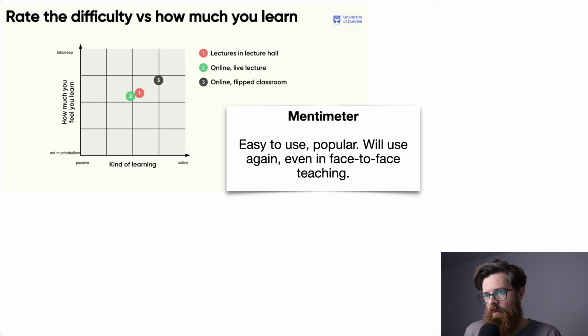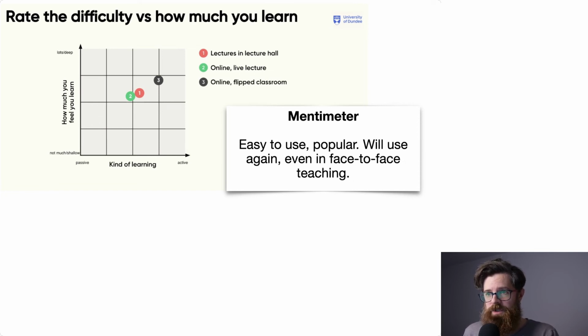Now, I think one of the really great things about this was Mentimeter. So if you haven't seen this before, what happens is you can create a series of slides. They're normally based around questions. That's what I did, but you can also put just small bits of information in there as well.